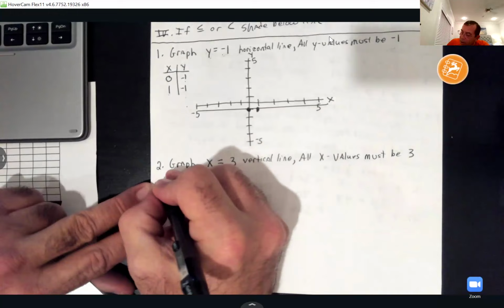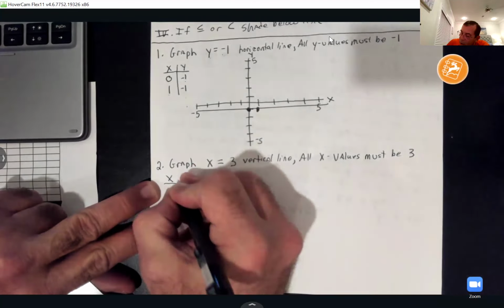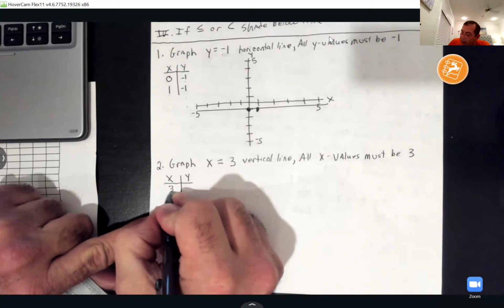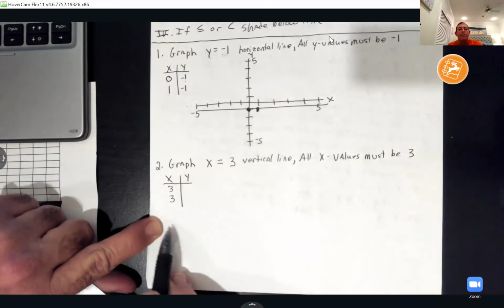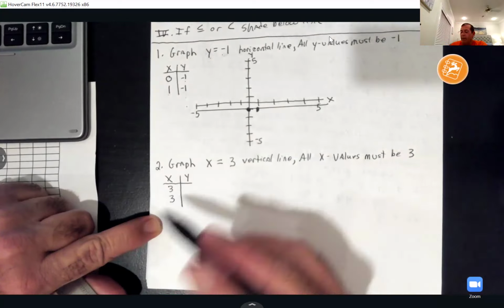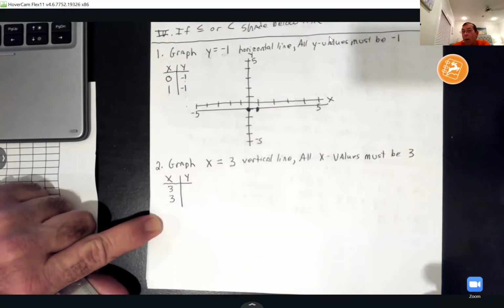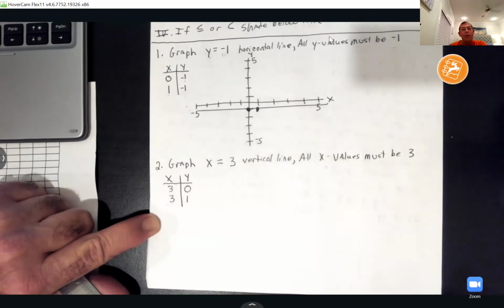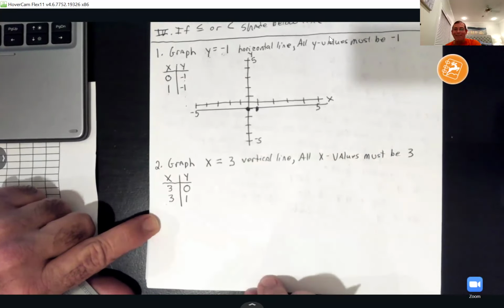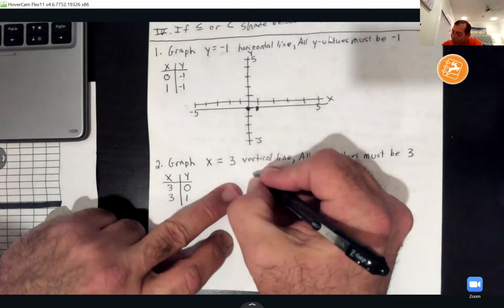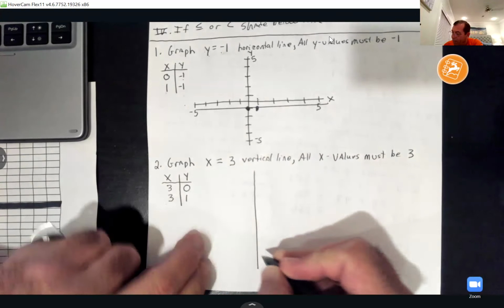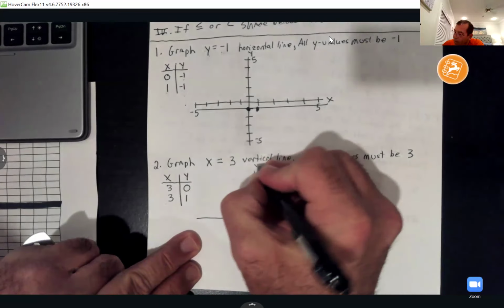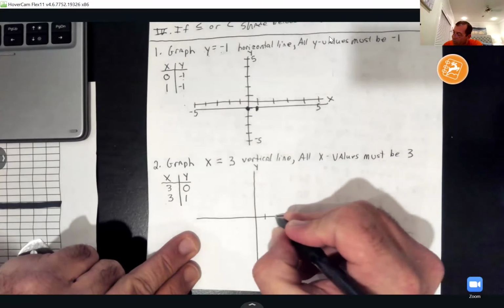So we can make our little table over here, x and y. And we know that every one of these x's is going to be a 3. So I can pick any 2 numbers for y, and guess what? I'm going easy. I'm going to pick a 0 and 1 again, okay? So let's draw this graph. It's small again, so I'm going 5.